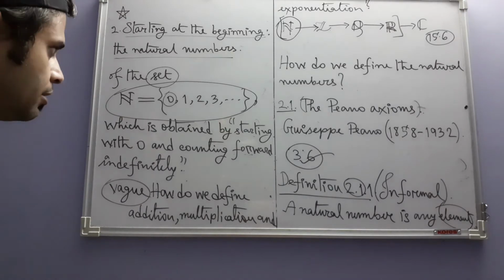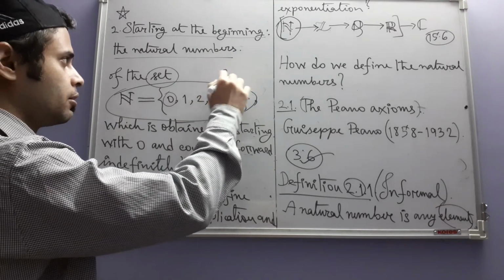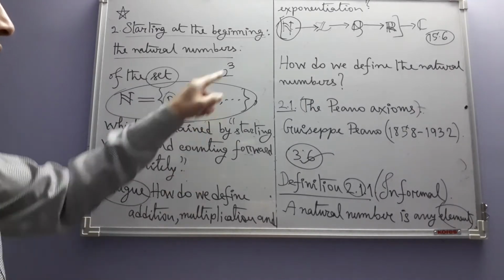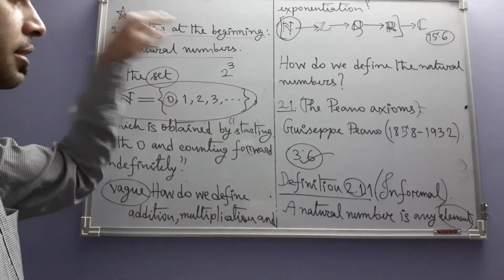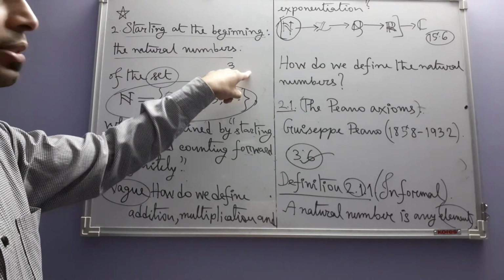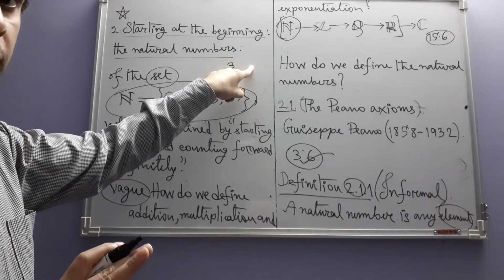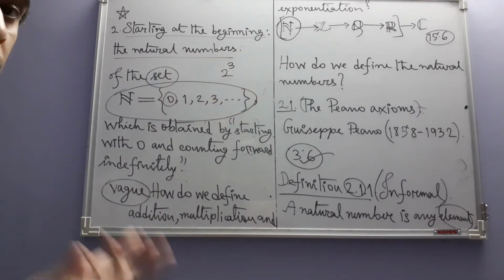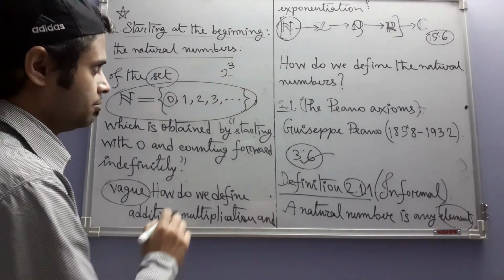Exponentiation is also there. For example, you can ask what is 2 cubed. Whenever we ask this, immediately people will answer 8. That is okay, but what is the meaning of 2 cubed? How do you define the meaning of 2 cubed?